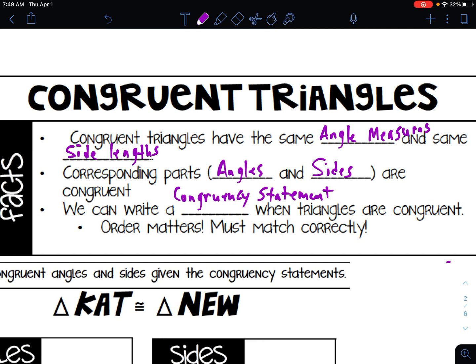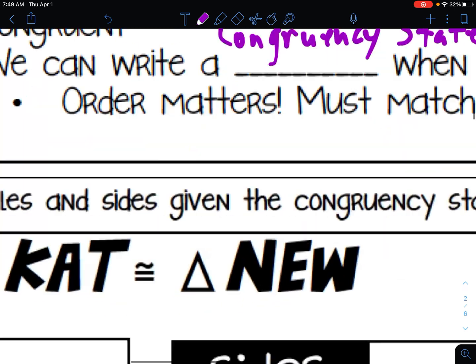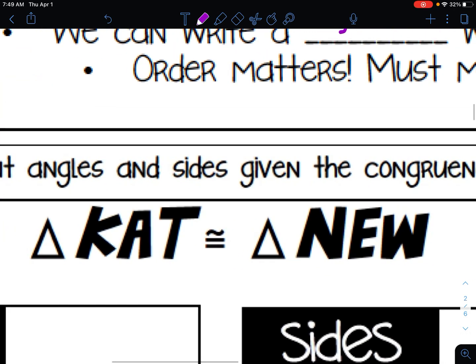And then if we have congruent triangles, we can write a congruency statement. The order does matter because the order tells us the corresponding parts. So we can't just write it in any old way, okay? Here's what we know. This is what a congruency statement looks like right here.